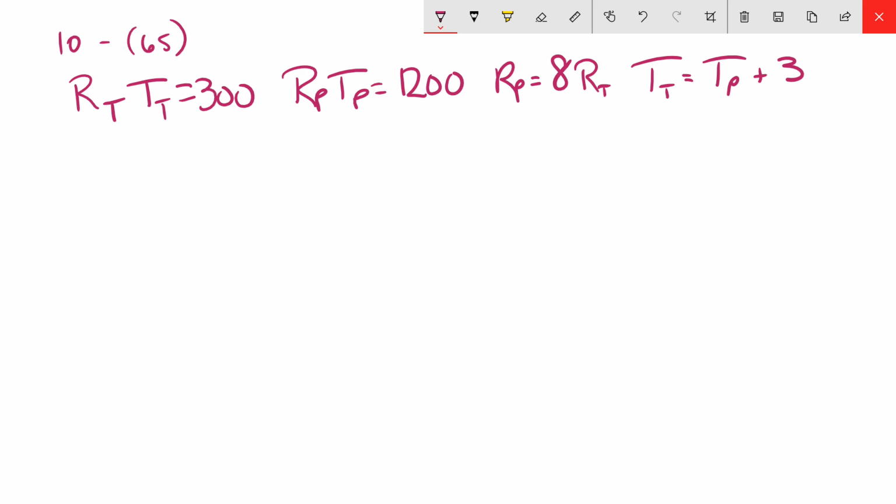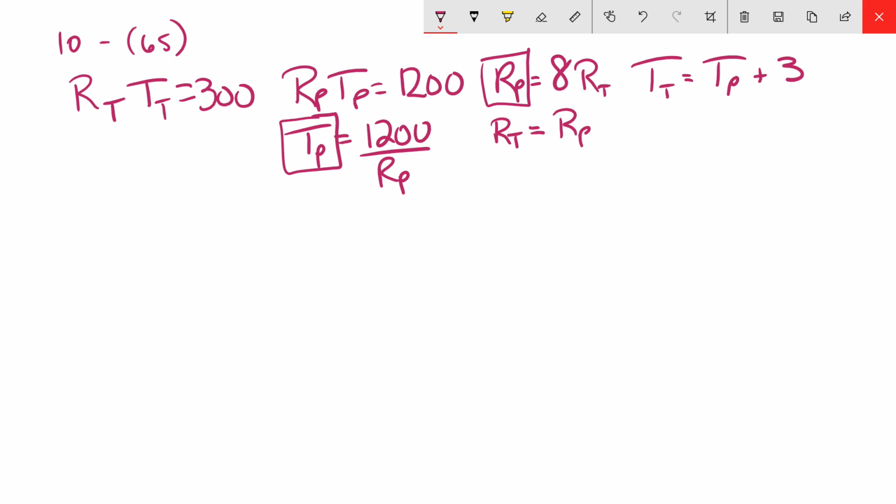I need to manipulate these things a bit so that I can have as many solutions to individual variables as I can. So here I'm going to take this TP and say that that equals 1200 over RP. All right, so that gives me something that I can plug in for TP. Here I have something for RP, but I can also manipulate this to say that RT equals RP over 8.